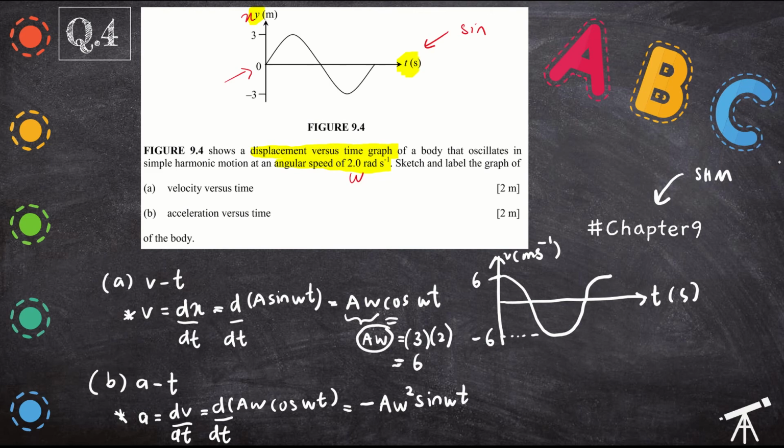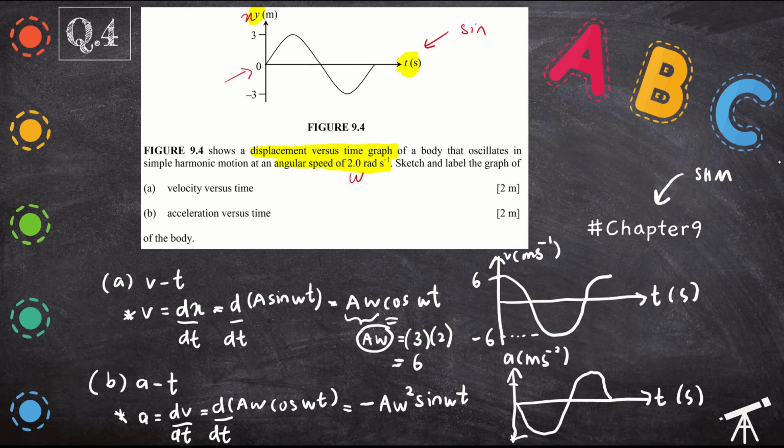So your graph of acceleration against time, with the unit meter per second squared, is going to have a negative sign. So you have to flip your sine graph, negative sine, and you have to label the amplitude.